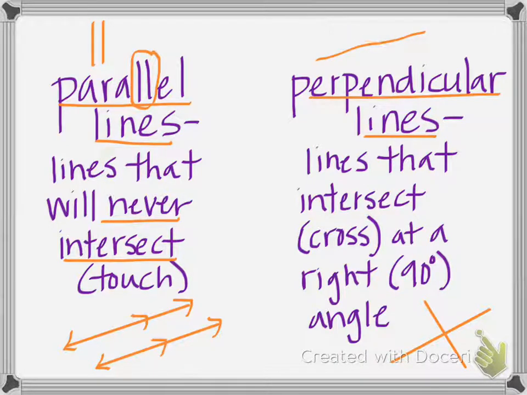This is not what we're talking about. Perpendicular lines are lines that intersect or cross at a right or 90-degree angle. So down at the bottom, the angle that they make with each other is 90 degrees or a right angle. So it's a special type and they have to make a 90-degree angle or they're just intersecting lines.